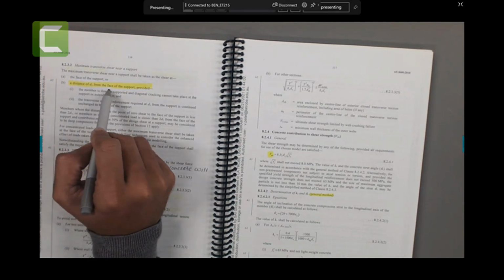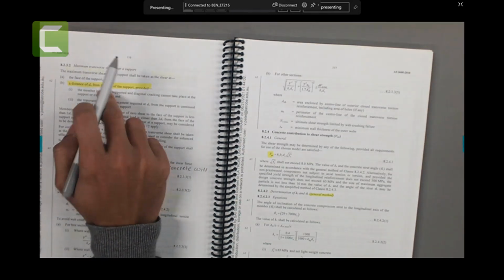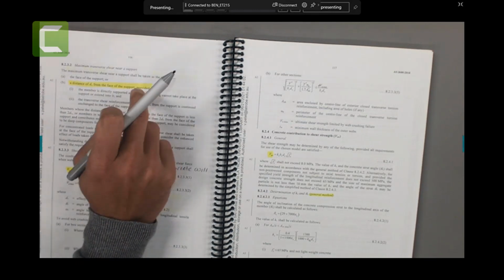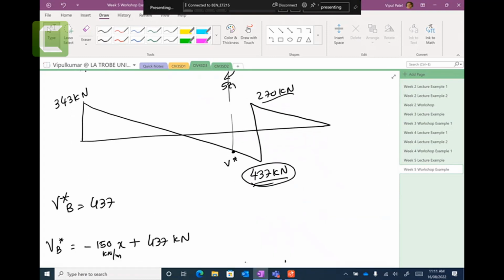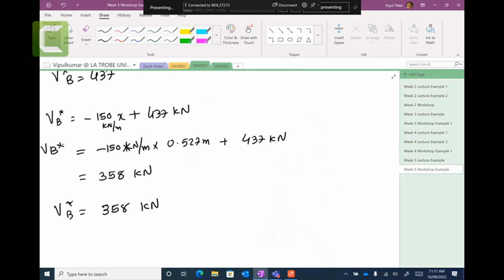But if you have a distance dV from the face of the supports, for these cases, we can have economic designs. Now we already know VUC. I think we can design. You remember these equations? V star equals phi VUC plus VUS. You remember that, right? I can show it to you here again.